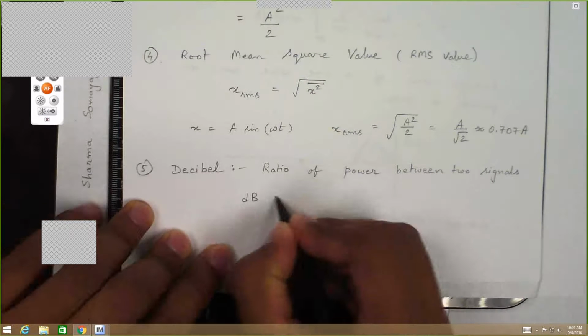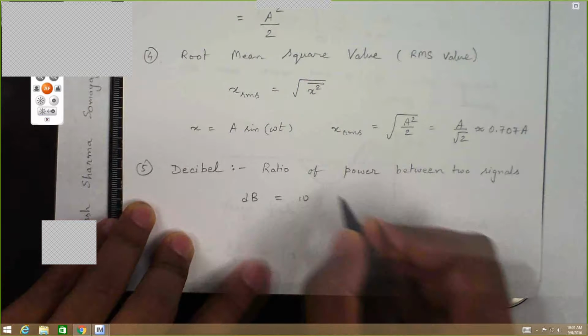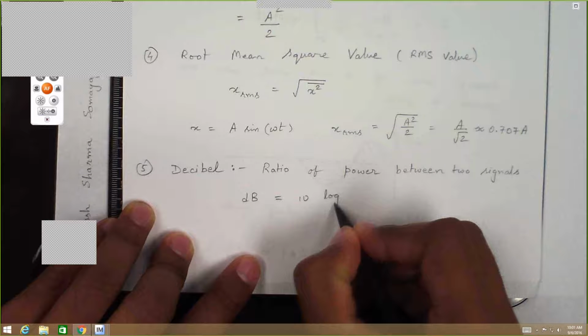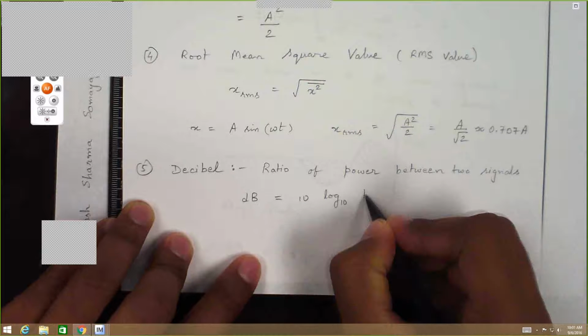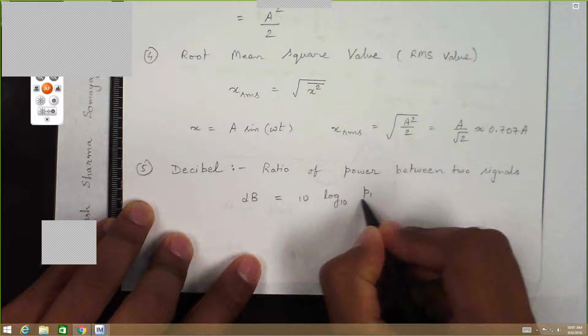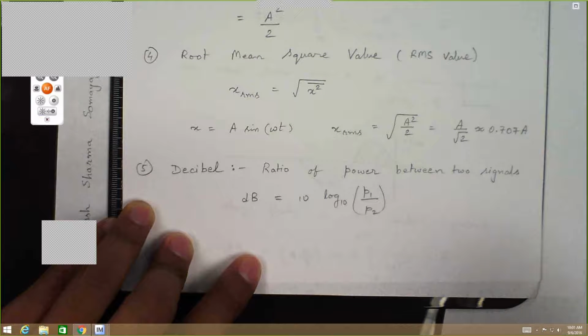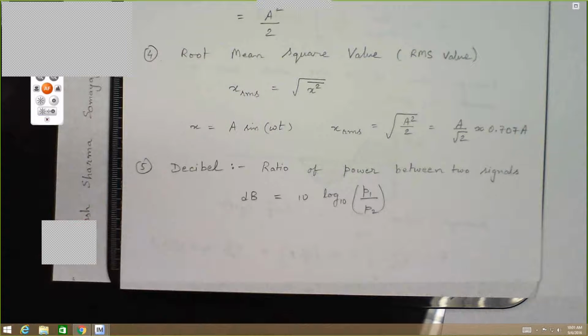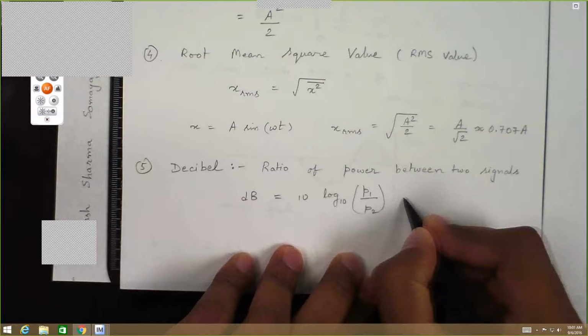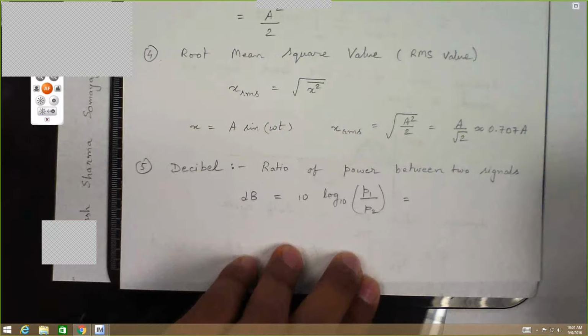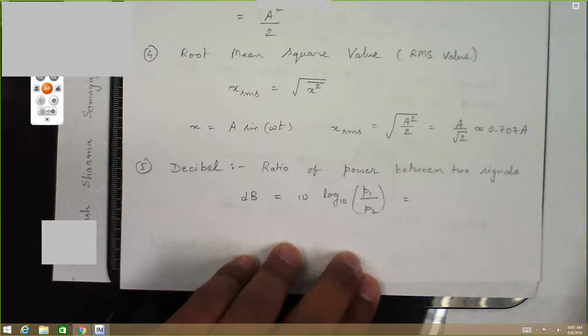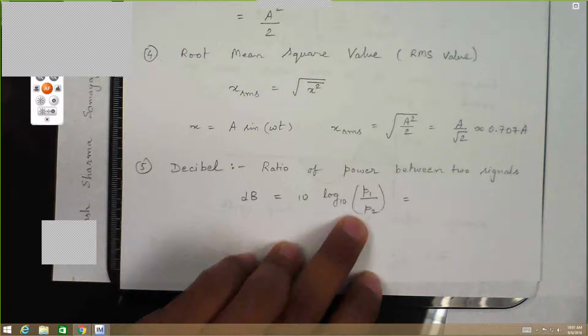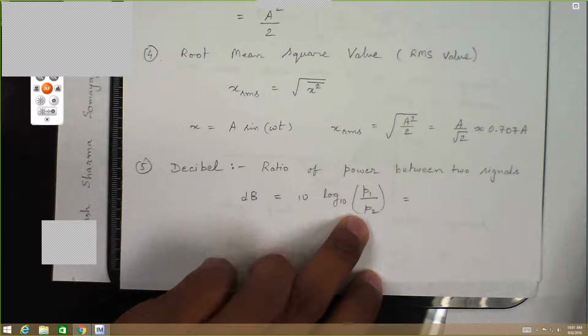So that is defined as 10 times logarithm to the base 10 of power in signal 1 versus power in signal 2. And we know that power is nothing but energy, a relationship for energy between the two signals.